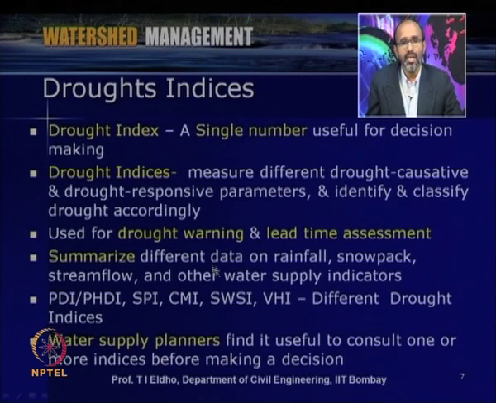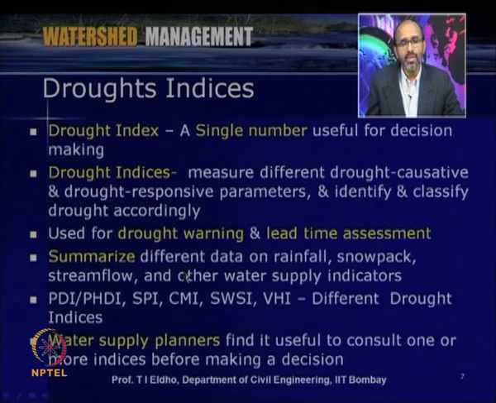So various meteorological parameters like rainfall and snow, and hydrological parameters like stream flow, all these water supply indicators are taken into account, and that way we derive the typical drought index for the given area, which is used for the purpose of drought analysis.